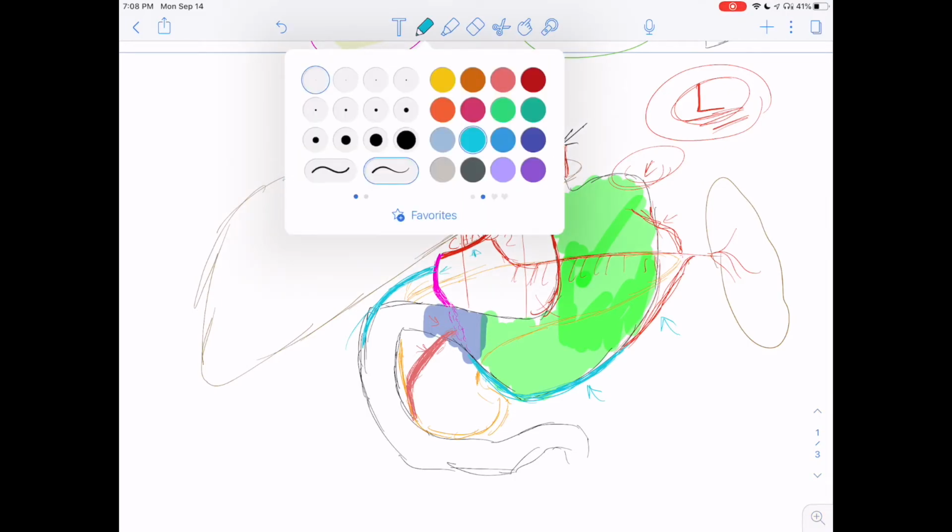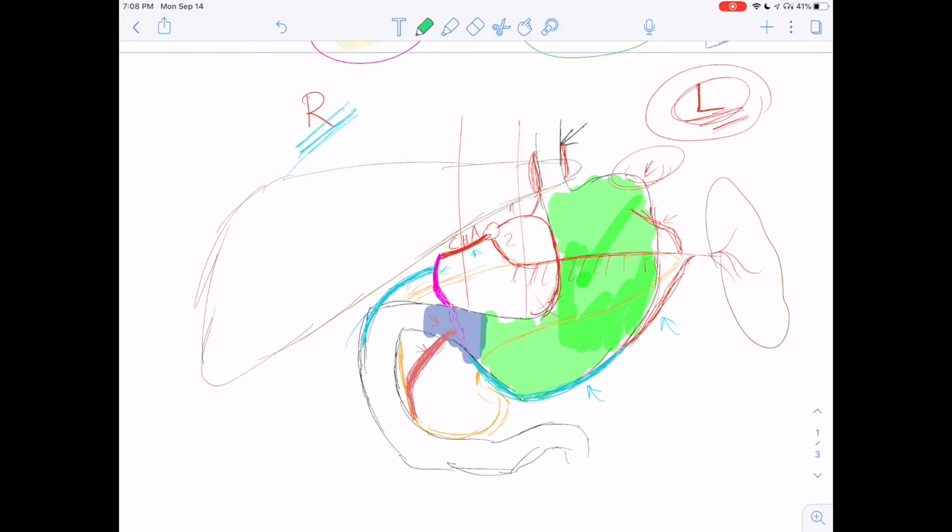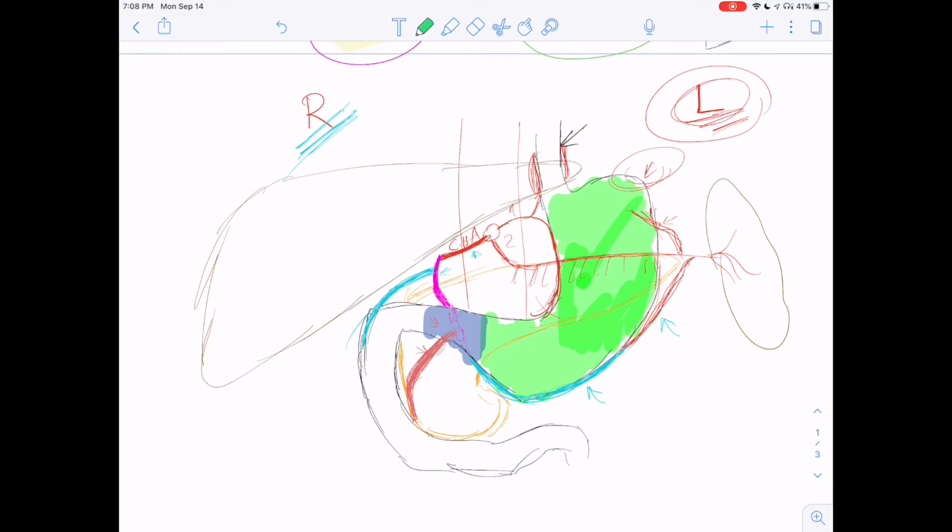But let's continue the path of, see, we had common hepatic artery. After this point, after gastroduodenal, right? So the name is gonna change and it's gonna be proper hepatic artery, as it's like properly gonna go to liver, right? Even though it won't.